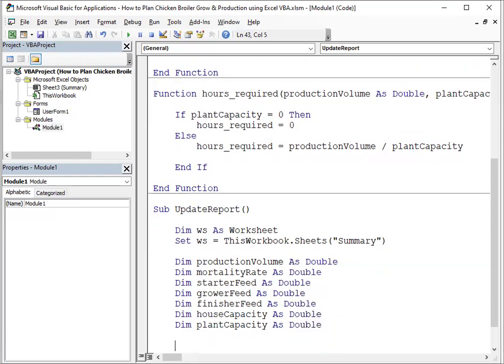Now we're going to start getting the values from the actual worksheet.